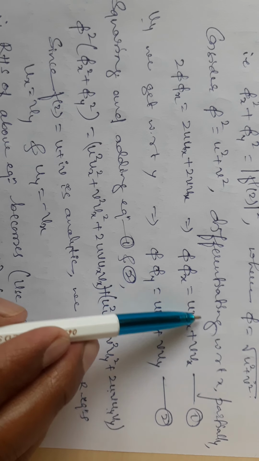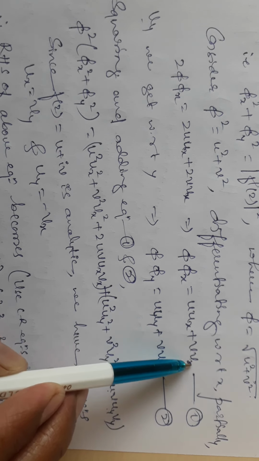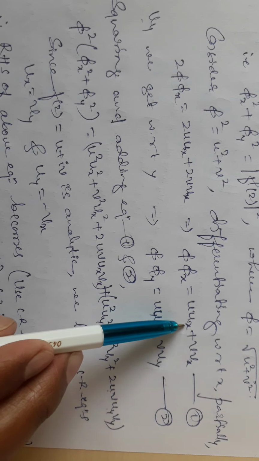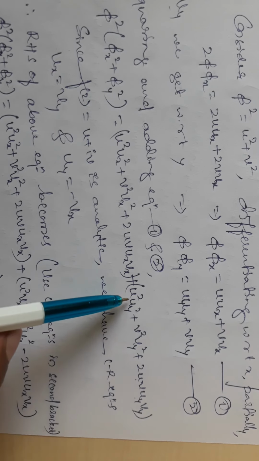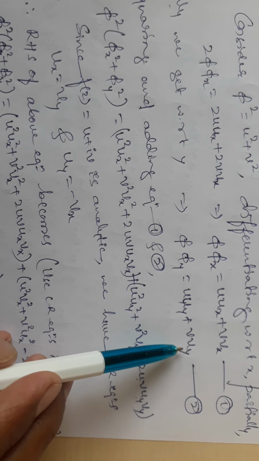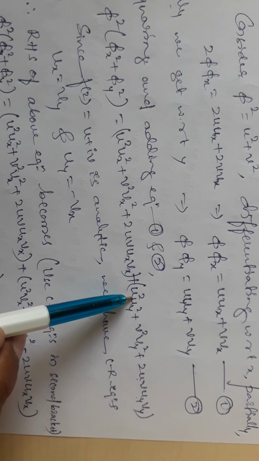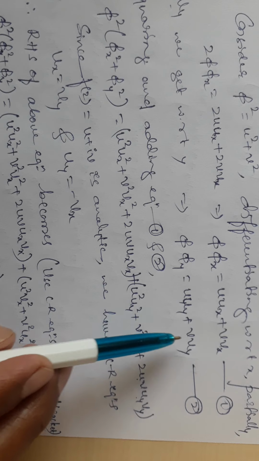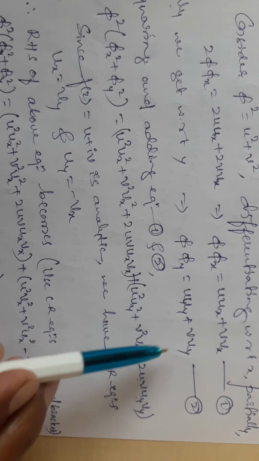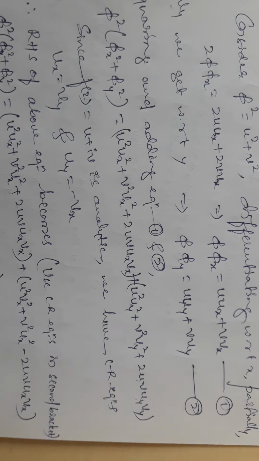Therefore, a square, u square ux square, plus v square vx square plus 2ab, 2 times u v ux vx, plus here a plus b whole square, that is a square plus b square plus 2ab, that is u square uy square plus v square vy square plus 2 times a into b, that is uv uy vy.